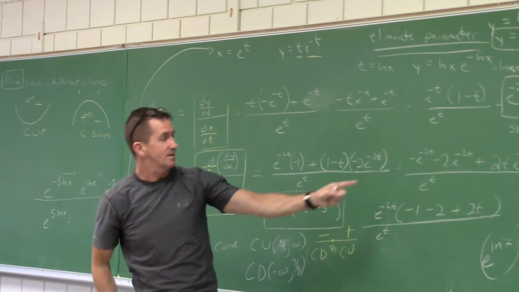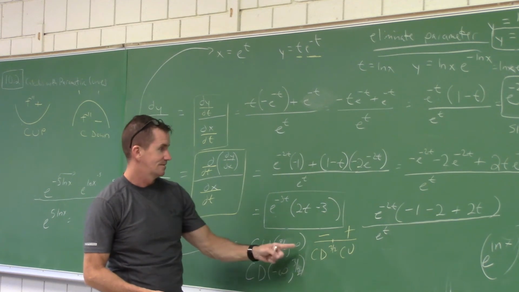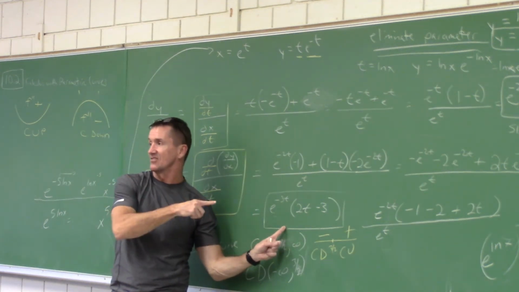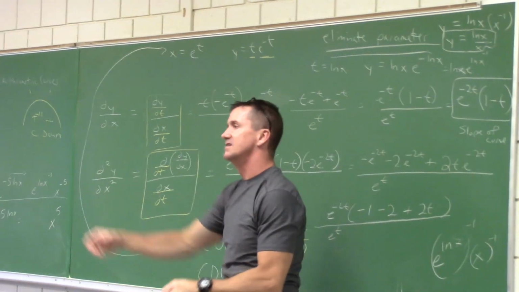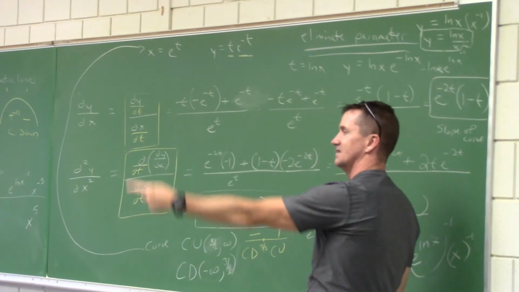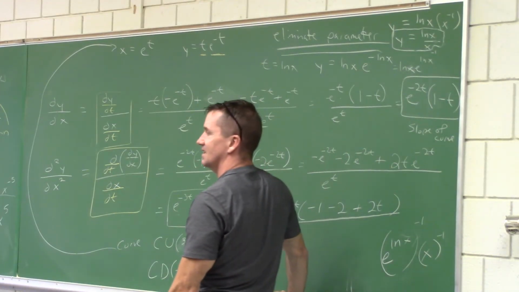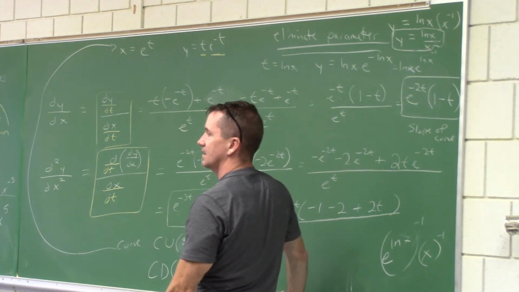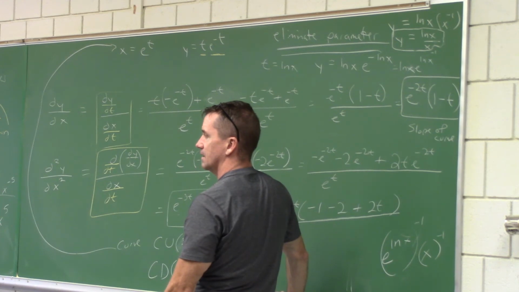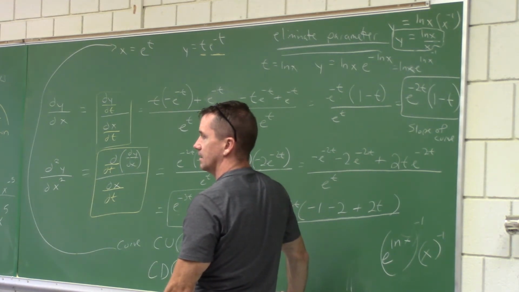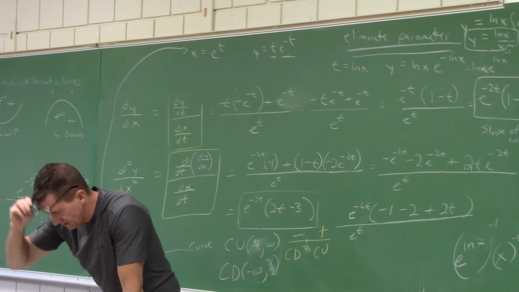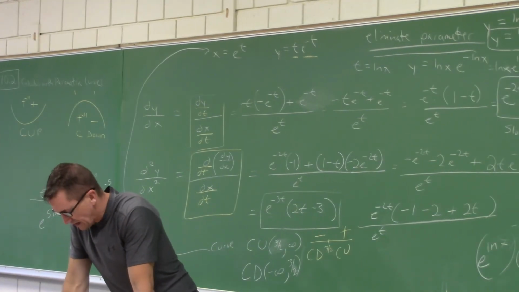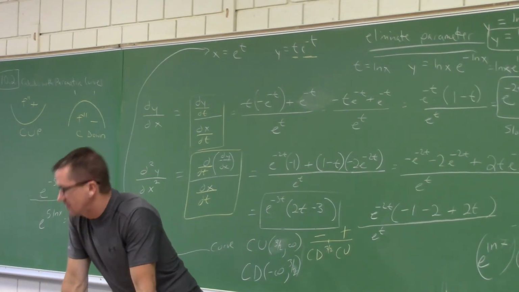Cool. But hey, this answer right here was the second derivative. That would have been what you get from the second derivative of this, which deals with the concavity. I love it. But wasn't the question to find the point of inflection? Was it not? No, they just wrote, for which values of t is the curve concave upward?